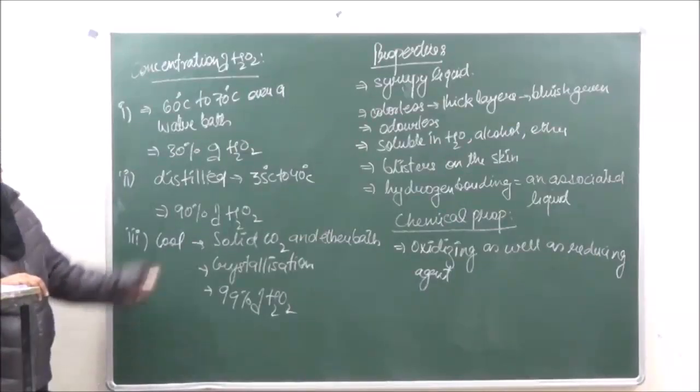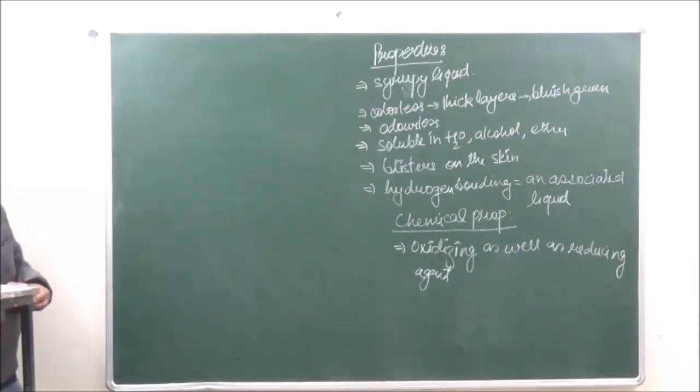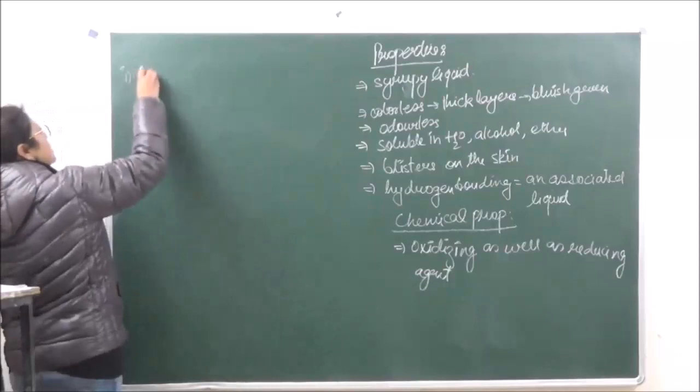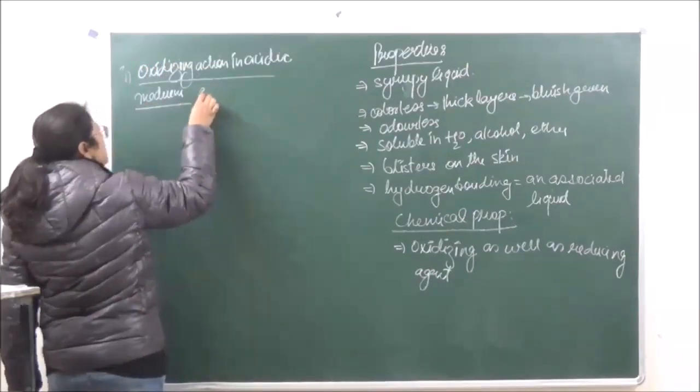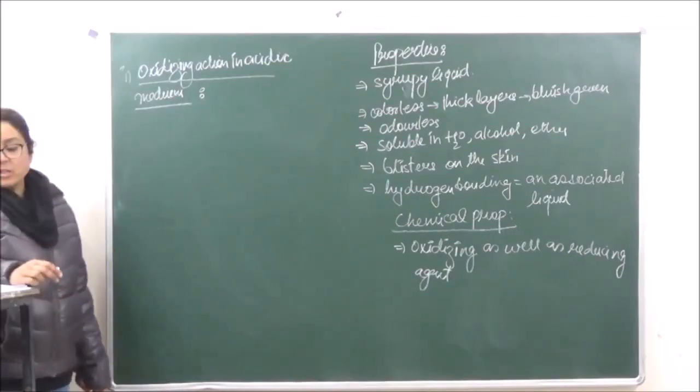So let's go on to the oxidizing properties of H2O2. The first one which we are going to do is the oxidizing action in acidic medium. In case of acidic medium, it has the tendency to oxidize ferrous ions to ferric ion.